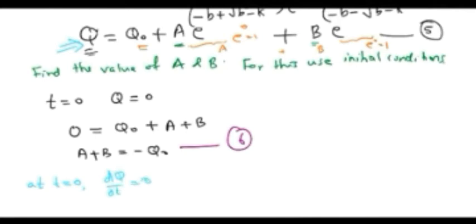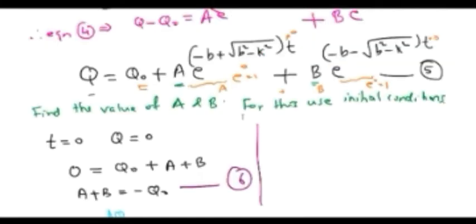If I differentiate equation 5 with respect to t and substitute t is equal to 0, I will obtain an equation for A and B.